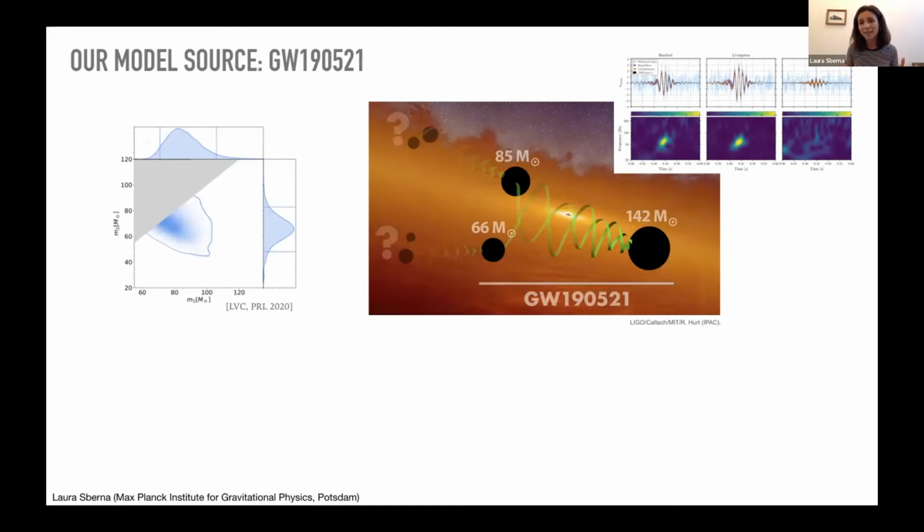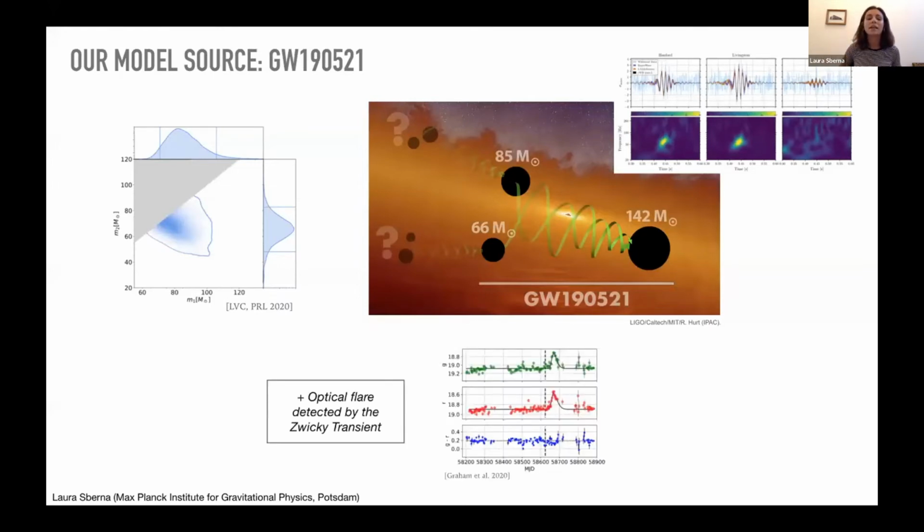And already the masses, therefore, were indicating that perhaps this source was not formed in isolation, but on top of that, there was also the detection of an optical flare by the Zwicky Transient Facility, which had a proposed association with GW190521. Of course, this is just a model for our source, but our results don't depend very strongly on the precise masses of the system, for example.